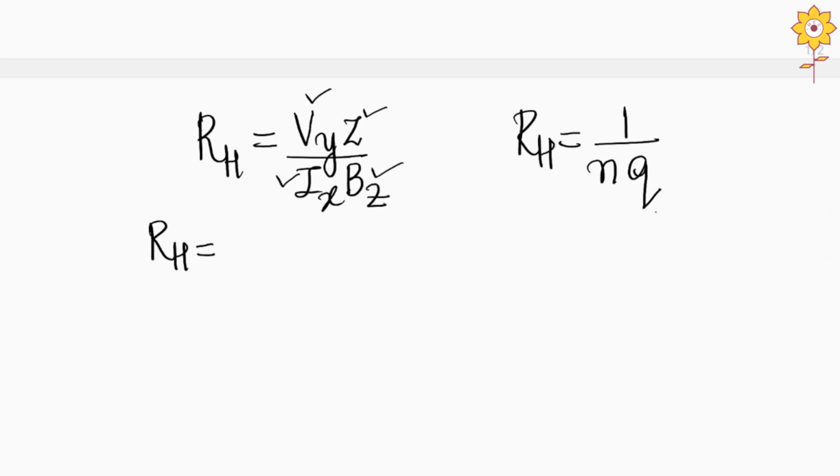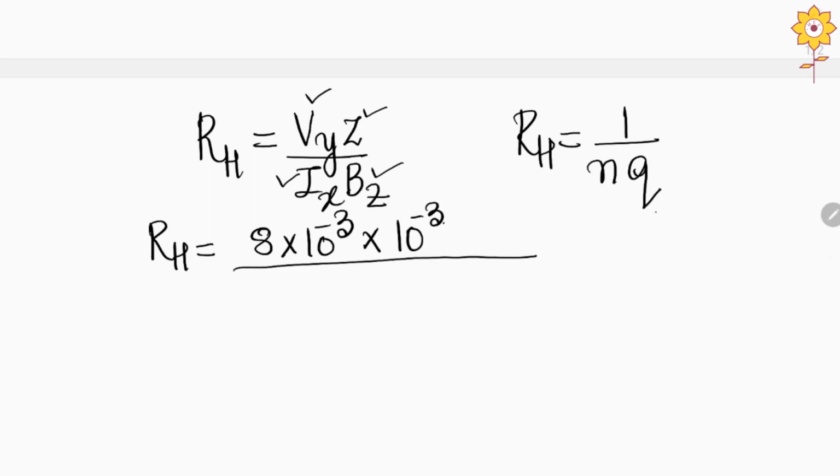And the values will now be 8 millivolts, so it is 8 into 10 raised to minus 3. Z is equal to 1 millimeter, which is 10 raised to minus 3 meters. Your Ix is going to be 10 milliamps, so it will be 10 into 10 raised to minus 3 amps. And your Bz is 0.6 Tesla, which is as it is.